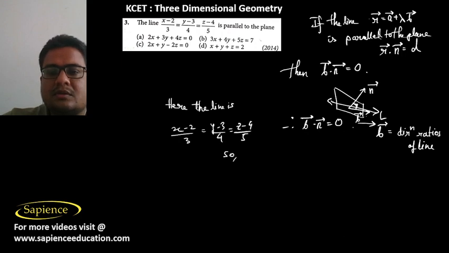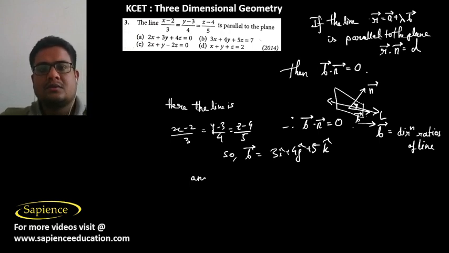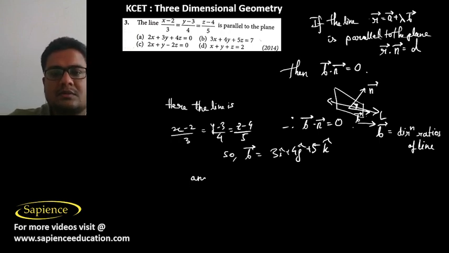So here the b vector, which is the direction ratio of the line, is 3 i cap plus 4 j cap plus 5 k cap. In option C, the equation of the plane is given as 2x plus y minus 2z equal to 0.